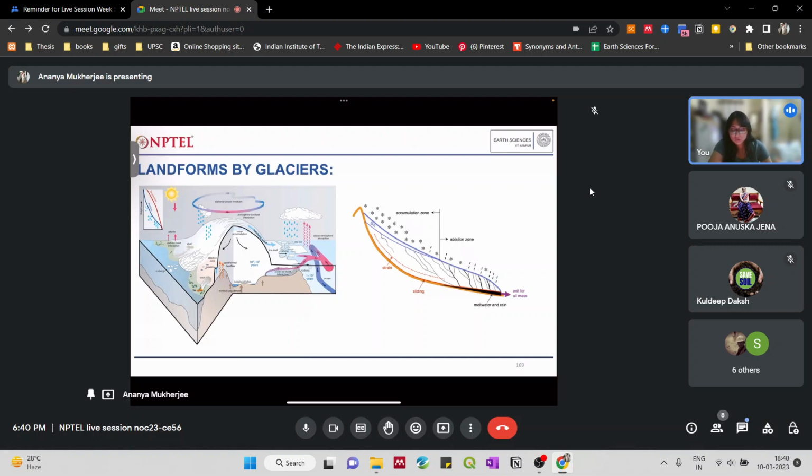Snow accumulation happens in the center in the high elevated areas, and the glacier is moving, so you have ablation zones and you have ice shelf calving. This is what happens mostly with respect to continental glaciers, in Antarctica, where the glaciers are meeting oceans or sea. A lot of ice shelf calving happens over there.